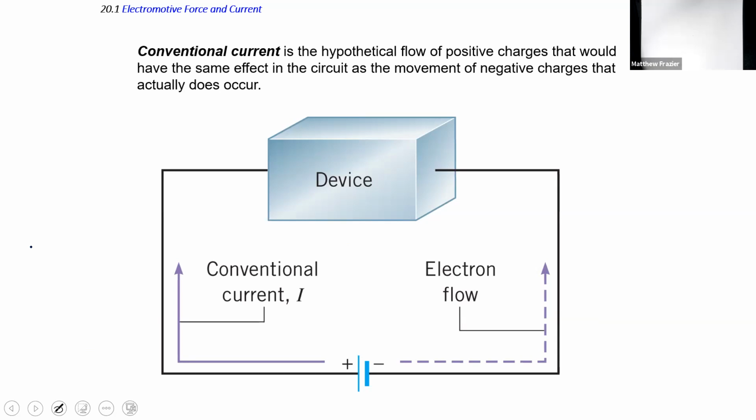Now, we asked you a couple of times in the lab, can you tell which direction the current is flowing? And in general, you can't at this point. You hook up a circuit, the light bulb glows, you don't know if it flows through it from left to right or right to left, let's say.